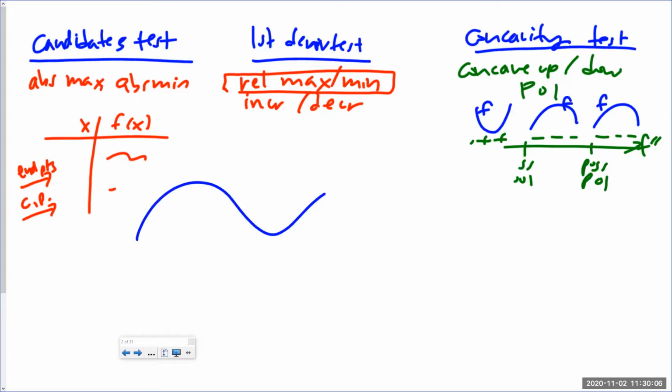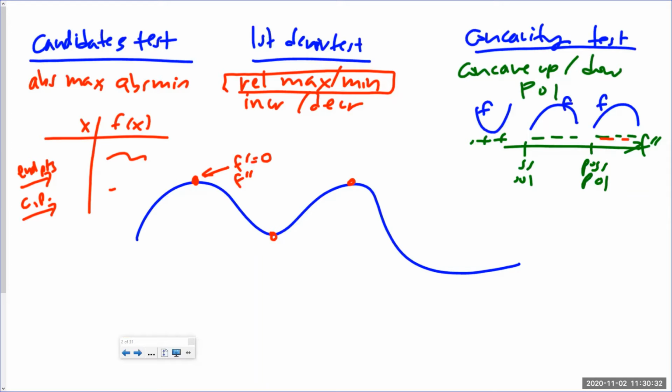If you have a curve, and you know that you're at one of these critical points, you know that your slope is 0. If your slope is 0, so let me say f prime is 0, and your second derivative is, let's see, this is concave down, right? So concave down, like a frown, concave down means my second derivative is negative.